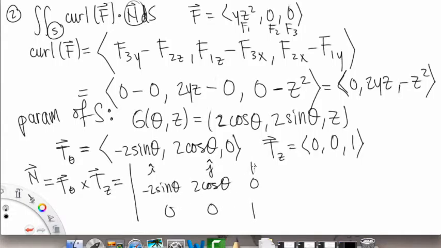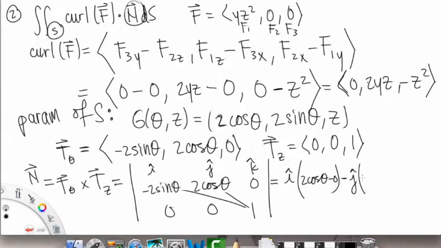Alright, so this is what we have, and we're going to end up with i times 1 times 2 cosine theta minus 0, and then minus a j hat, and we have these ones now, so then we get negative 2 sine theta, and then minus the 0, and then k hat is just going to be 0 minus 0, right, because when you do k hat, then you multiply these two first, which is 0, minus these two, which is also a 0.